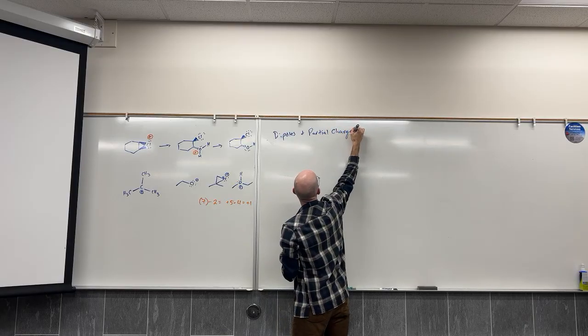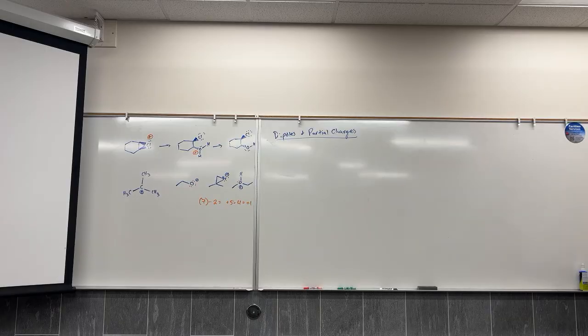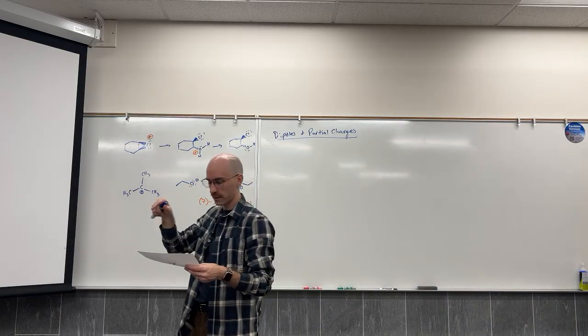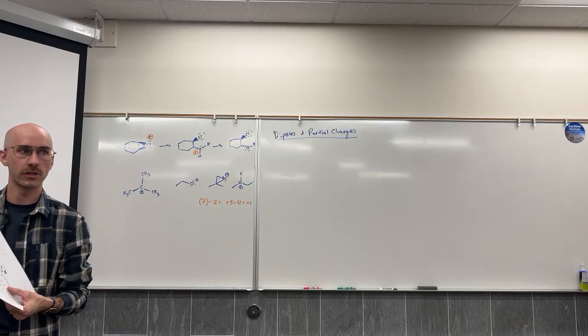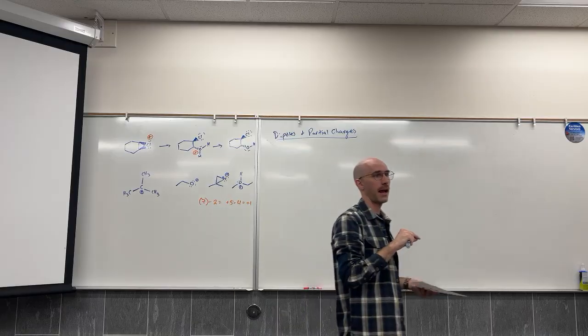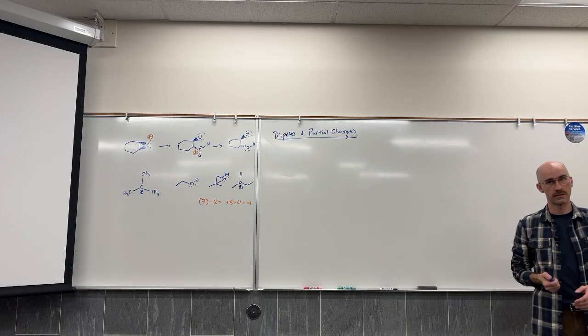So I've given you this big long molecule, and I want you to go through the highlighted bonds, the ones that are bolded, and place partial charge. I want you to determine where the bond has more electron density and where it has lost electron density.